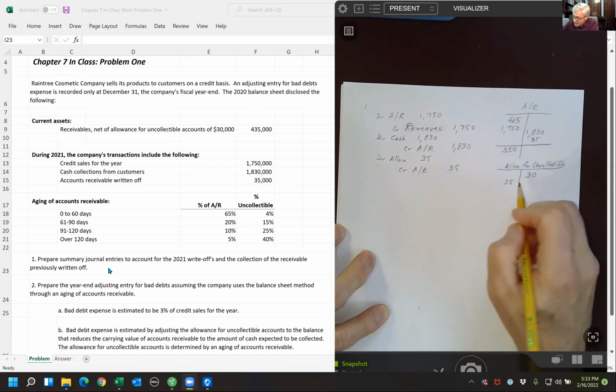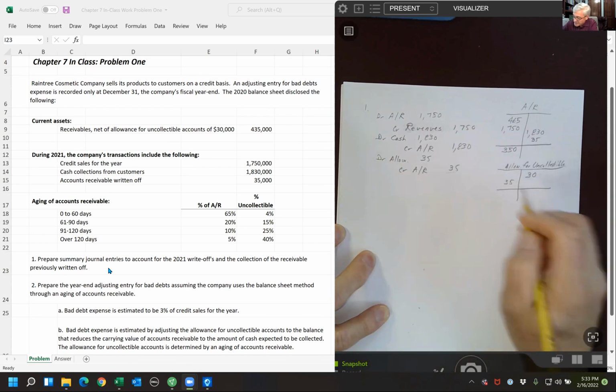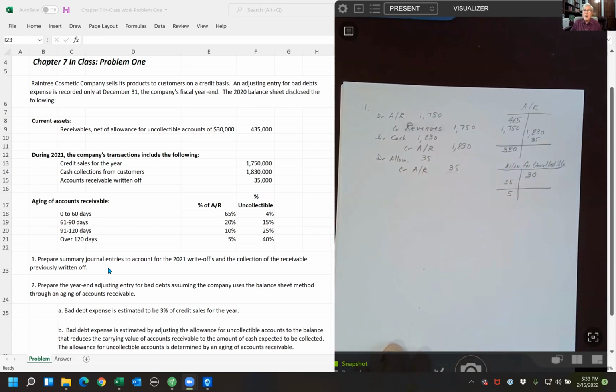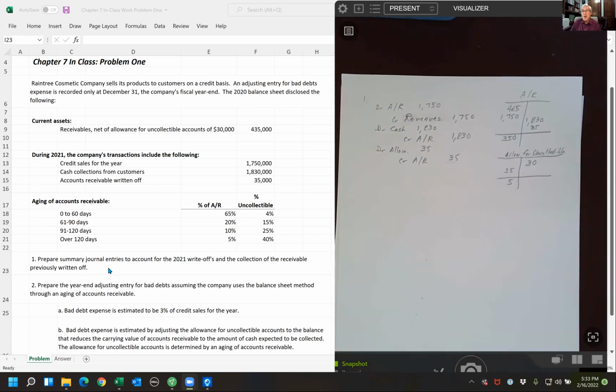Now, my allowance account, very interesting. It has a credit balance for now because I haven't done my adjusting entries yet, because some of that 350 is still not going to be collectible, and we're going to have to figure that out.